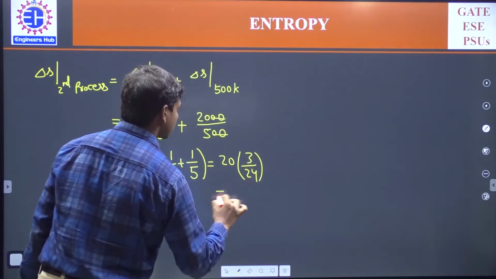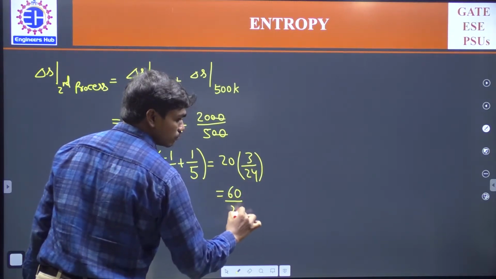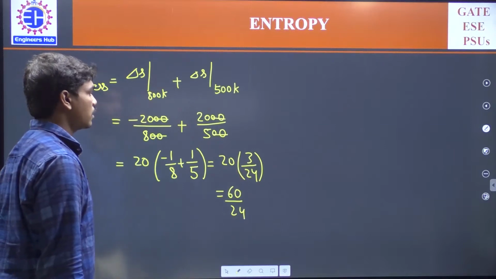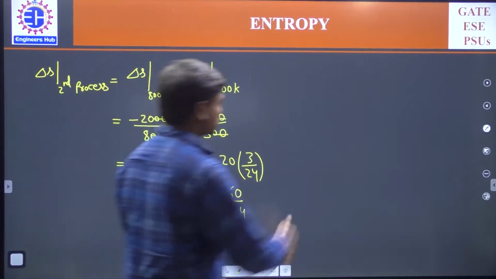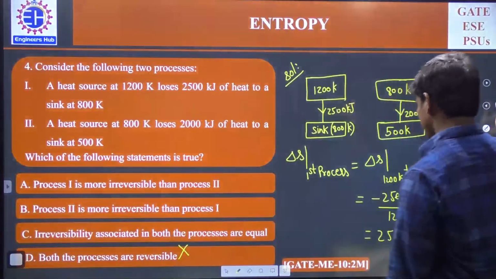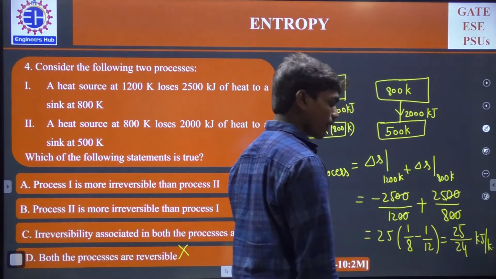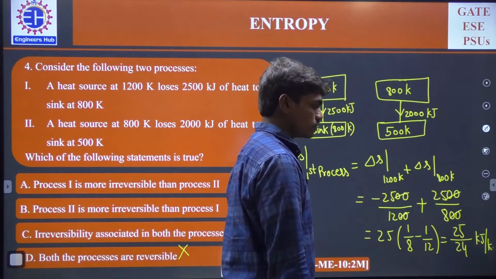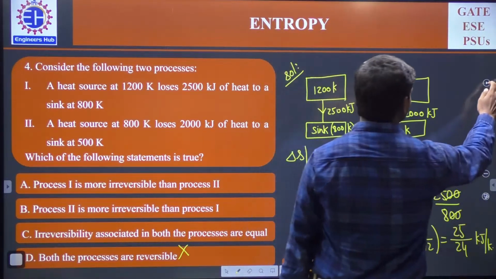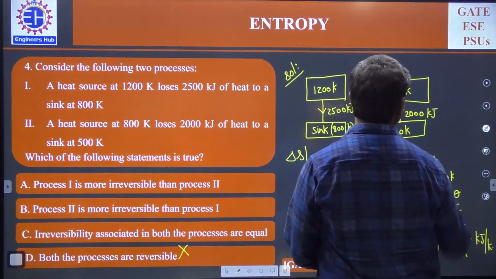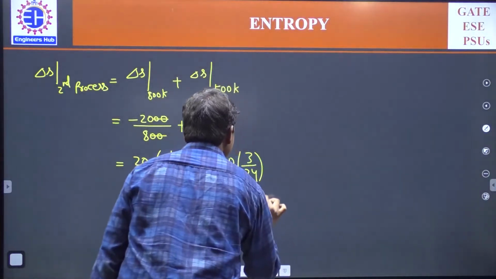So this is 60 by 24. Of course, this is also in kilojoule per Kelvin.